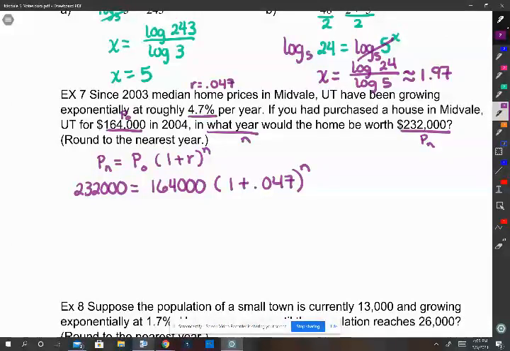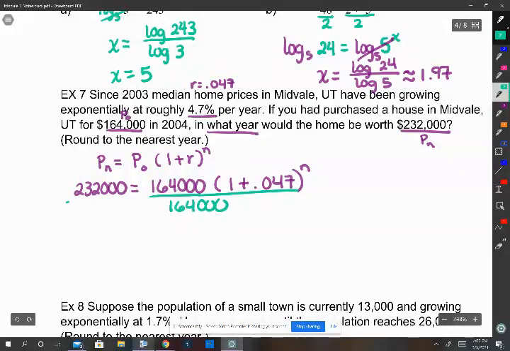And then what we're going to do is figure out in what year that happens. So n tells me how many years it's going to take, but then we're going to have an extra step. Our first step then is to divide both sides by 164,000, which is going to come out as a decimal.